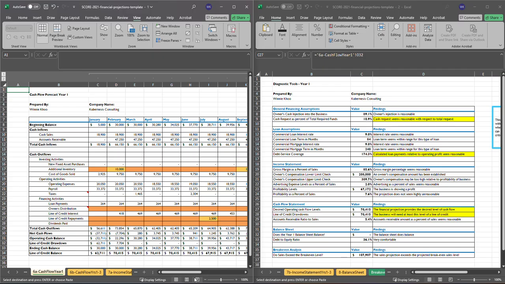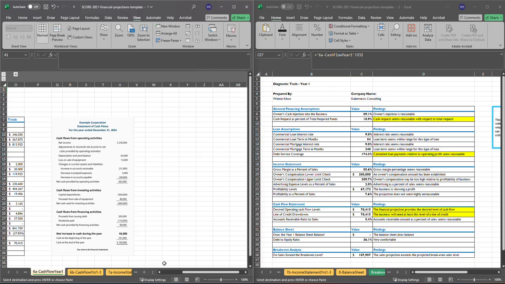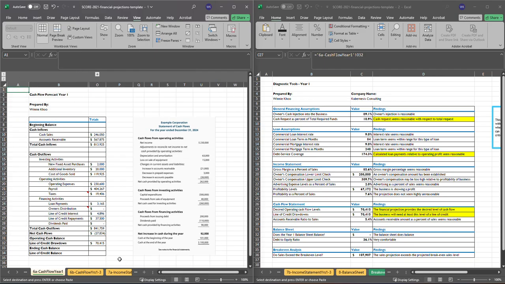So here, so this is 32. So this is the cash draw. Like, for me, does it meet the desired cash flow levels? That to me seems like it should be pulling from here. So it should be pulling from 0.